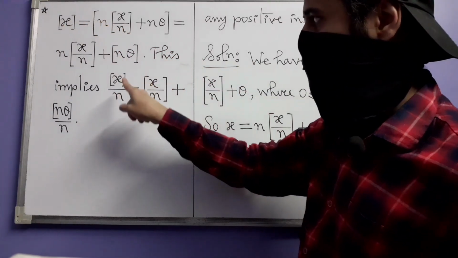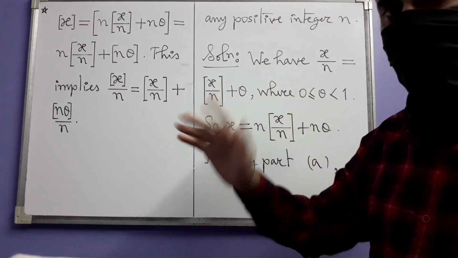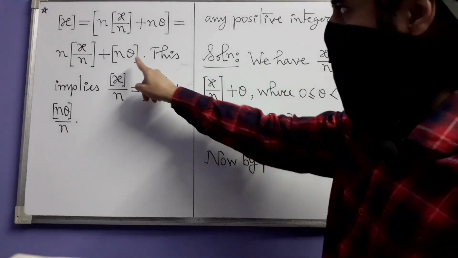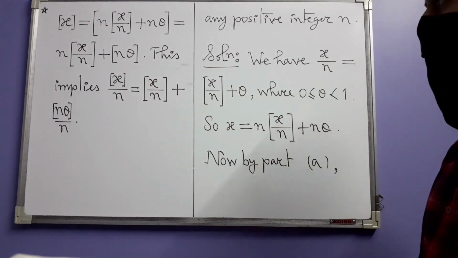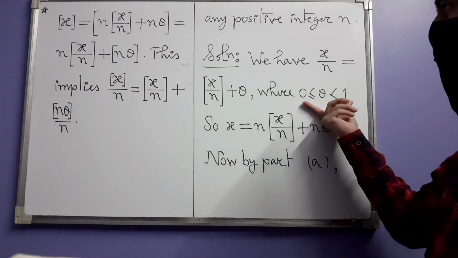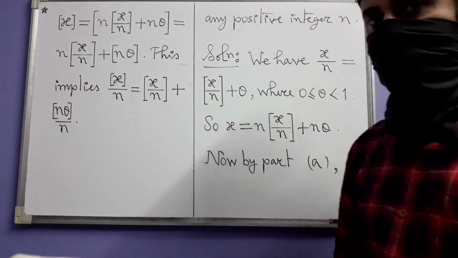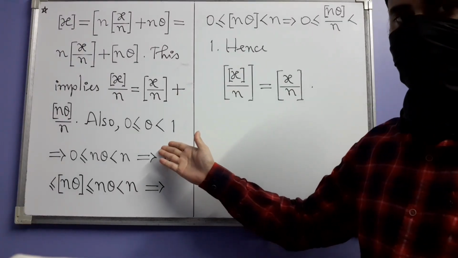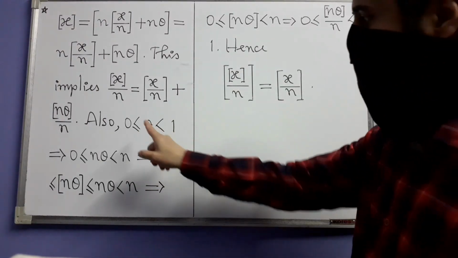The greatest integer value of x divided by n equals the greatest integer value of x divided by n plus this greatest integer value divided by n. Now we are going to use these inequalities to figure out what we can say about this part. Also we have these inequalities.